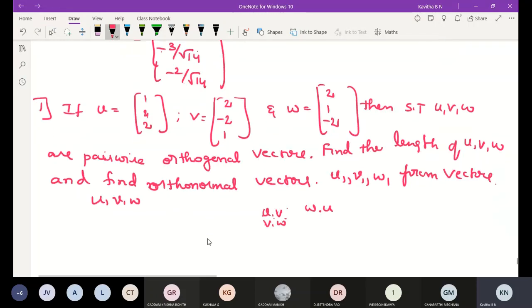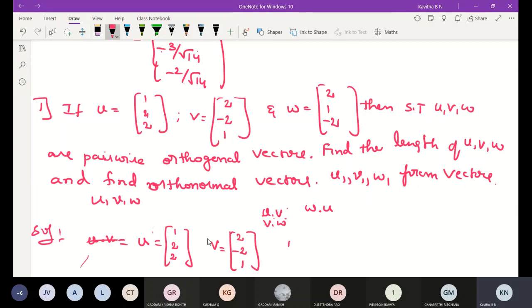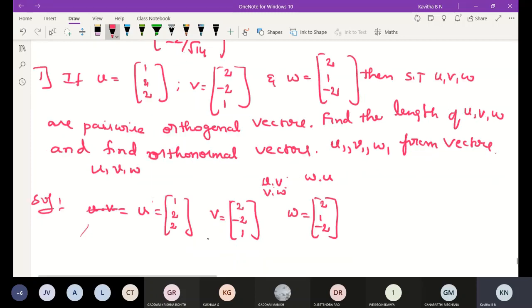Understood? Solution: first write down the given data. u is equal to (1, 2, 2), v is equal to (2, -2, 1), and w is equal to (2, 1, -2).